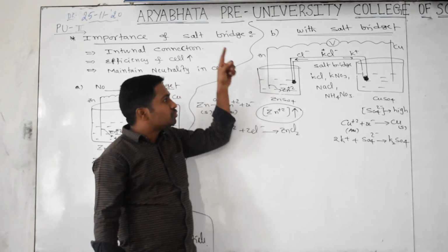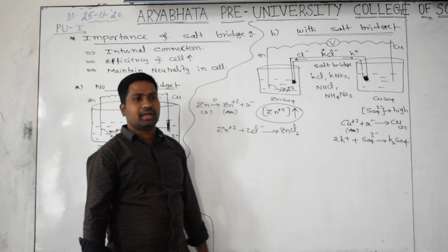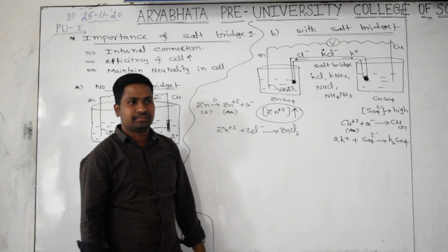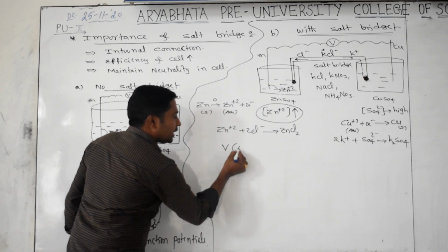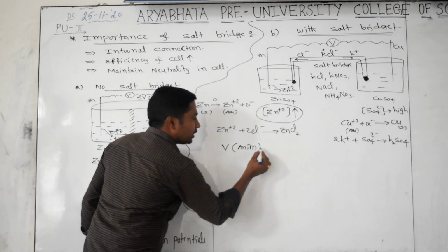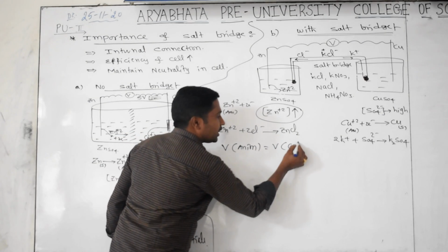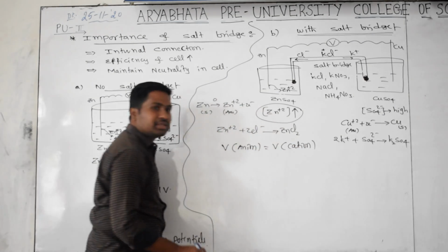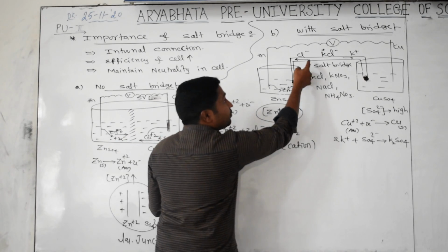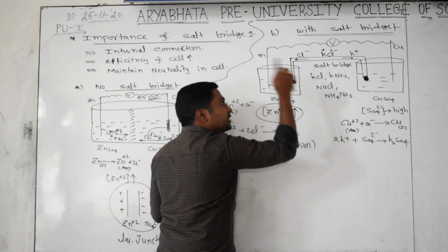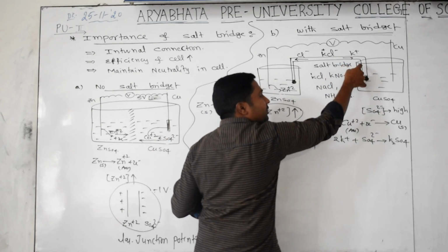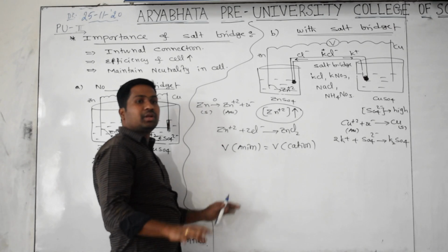Sir, why do we have to use only KCl or these 4 chemicals? What is the main thing here? One thing to observe: the velocity of anion is equal to the velocity of cation. What is the meaning of velocity? With however much speed Cl- enters the anode vessel, with the same speed K+ particles also enter the cathode vessel. What happens?